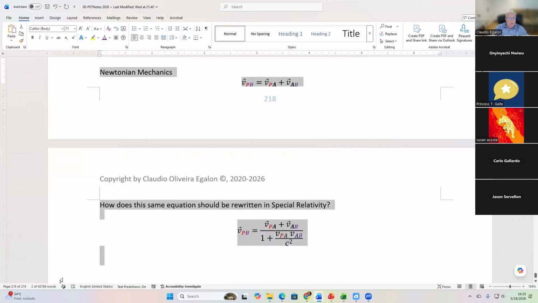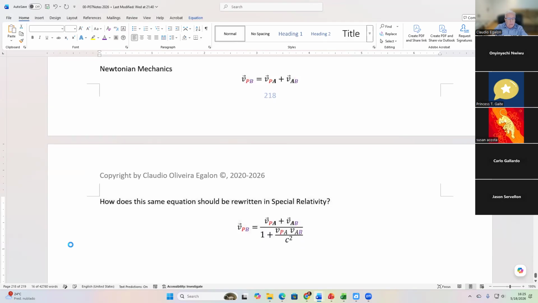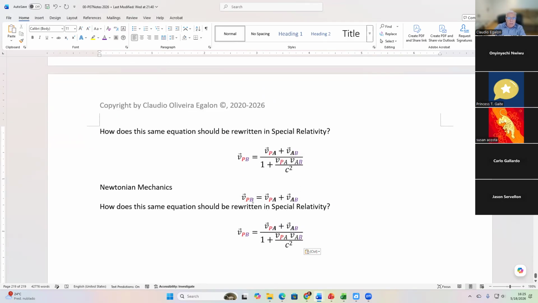Newtonian mechanics, P sub A, right? So here you go, A here. But let's not forget that's going to be B, oops, and B. So here you go.